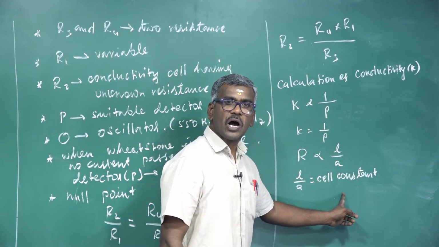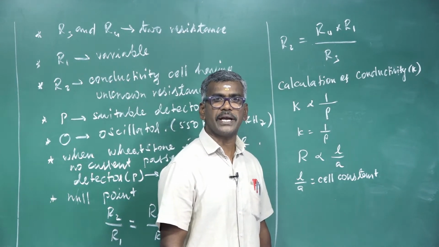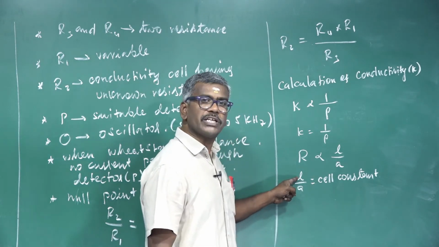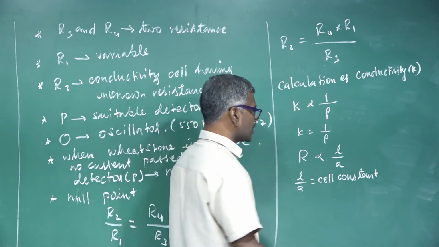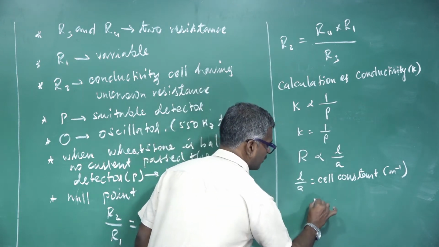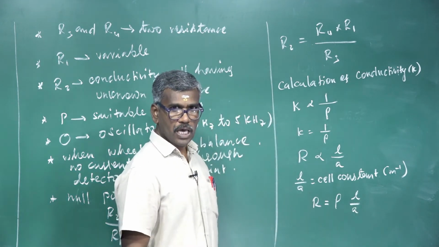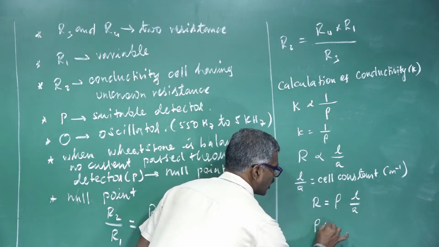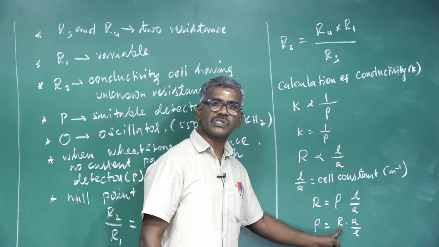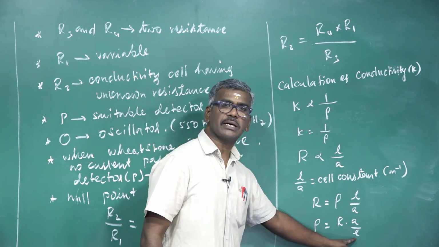The cell constant can be determined by using KCl, whose concentration and specific resistance are known. The unit of length is meter, the unit of A is meter squared, so the unit of cell constant is meter inverse. The equation becomes R equal to rho L by A. How to find rho? Rho is nothing but R A by L. R is resistance, its unit is ohm, A is meter squared, L is meter.